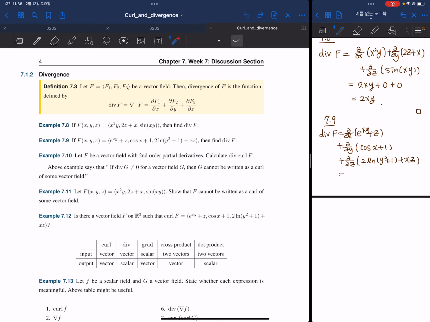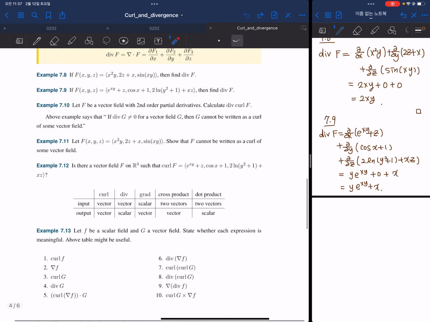So you can say it is e to the xy, where x is not a vector, it's just a scalar value, so you get y e to the xy. The second term is 0, and the last term you have x. So the divergence is y times e to the xy plus x.